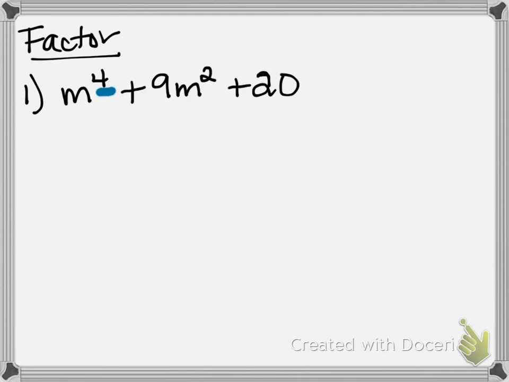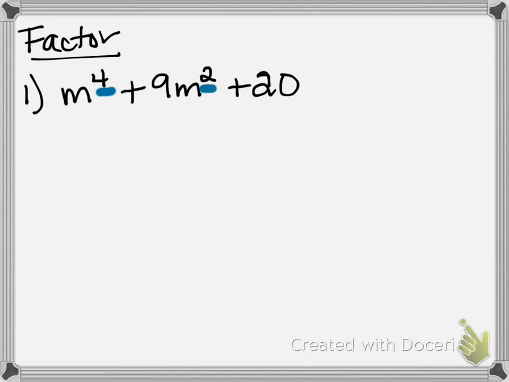Okay, so what I have here is m to the fourth plus 9m squared plus 20. Now what you'll notice is a disguised quadratic. You'll notice that the degree here, this first degree, this second degree, is basically 2 less than your first.